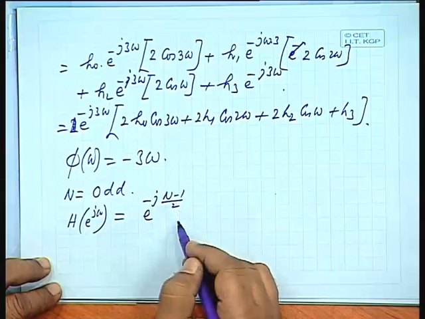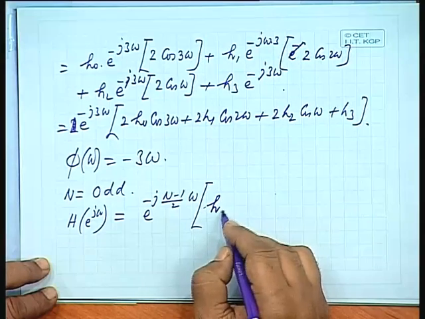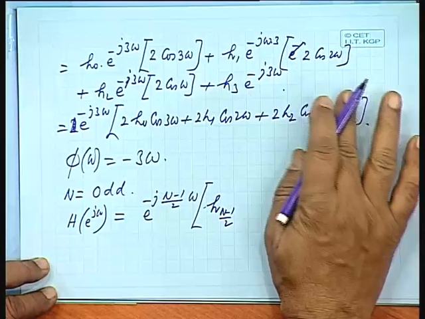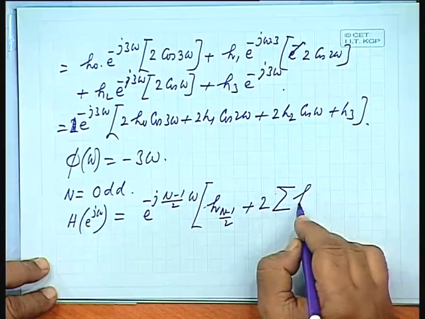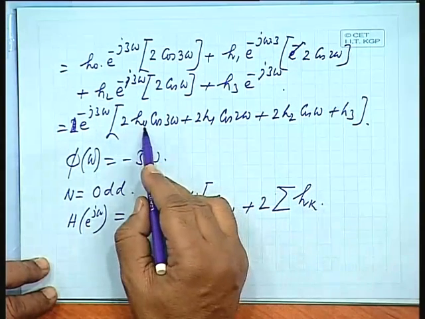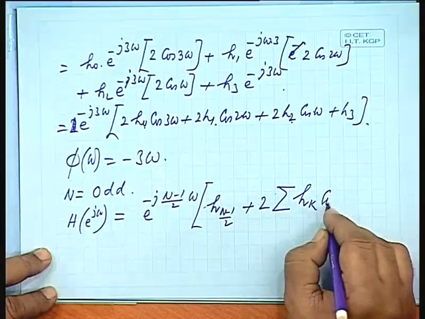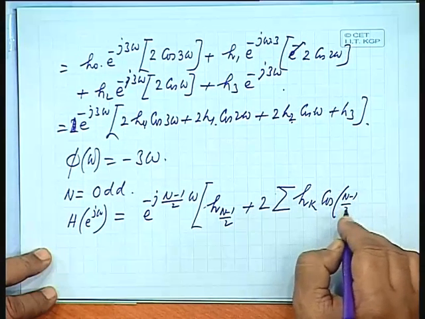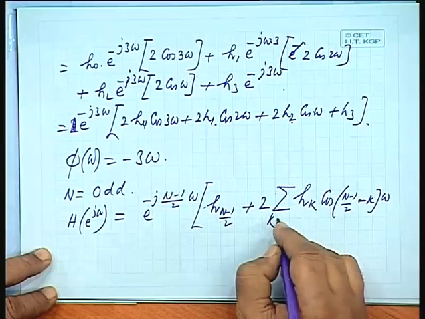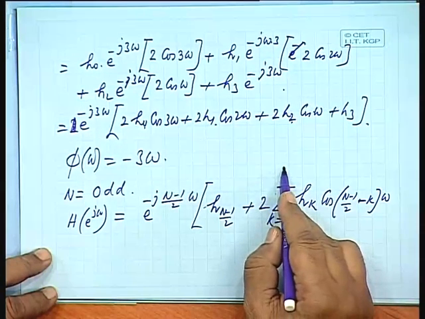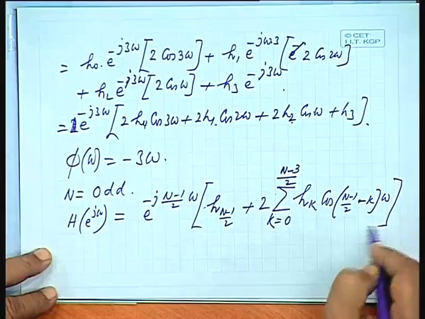Then h of n minus 1 by 2 is a free floating term, plus 2 times sigma h k cosine of n minus 1 by 2 minus k into omega, with k varying from 0 to n minus 3 by 2. Is that all right?